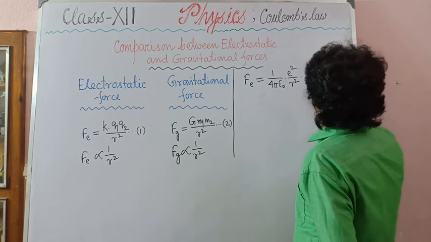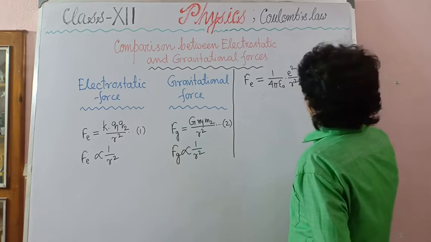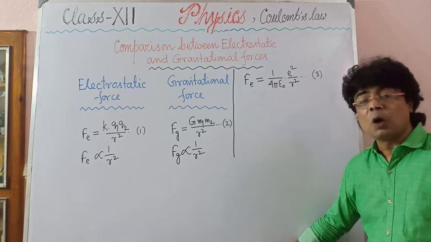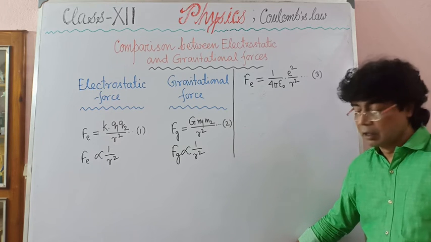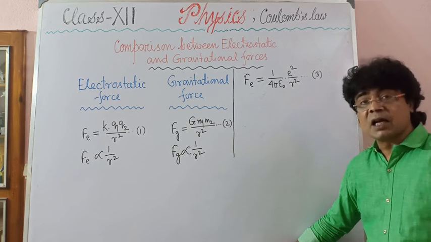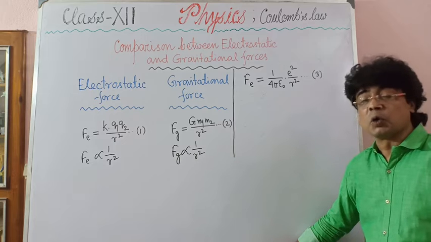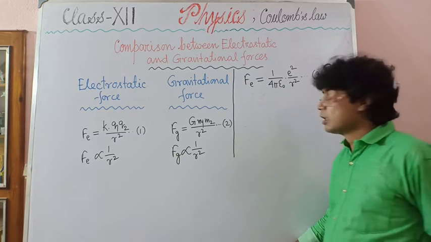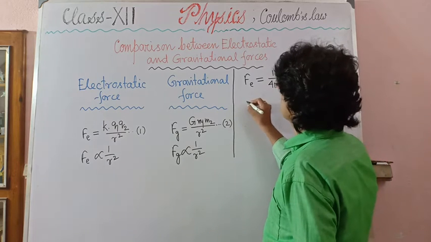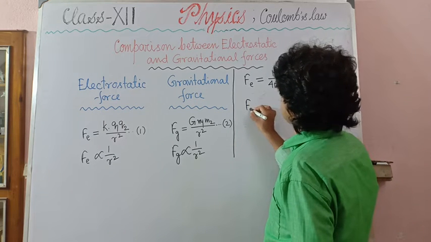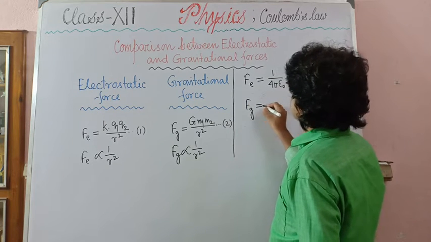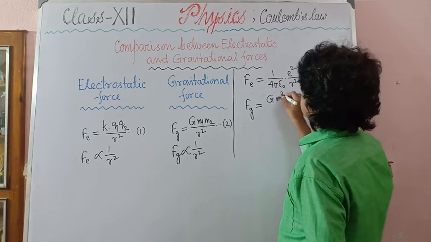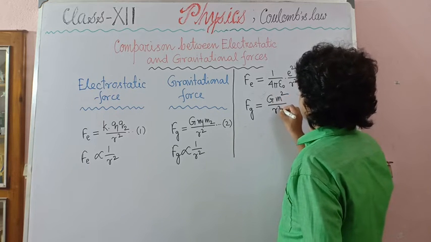Now, if small m is the mass of an electron, then gravitational attractive force between the two electrons is written as Fg equals capital G m square by r square.